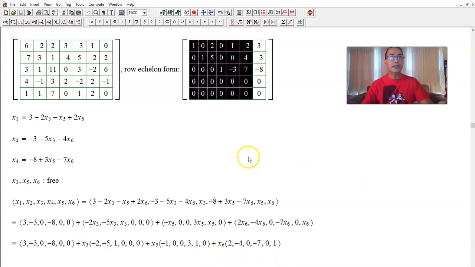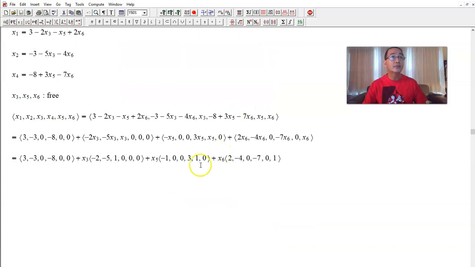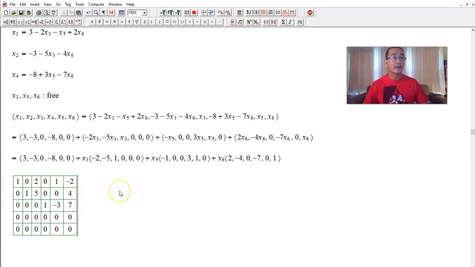To do that, let's review the homogeneous system of equations. I have highlighted the portion of the matrix corresponding only to A, and we're going to copy that. So let's scoot down and put that over here. That is the portion of the REF that is only from x1 through x6.